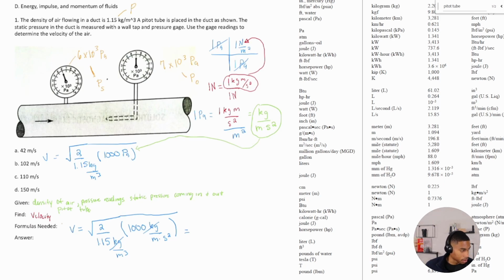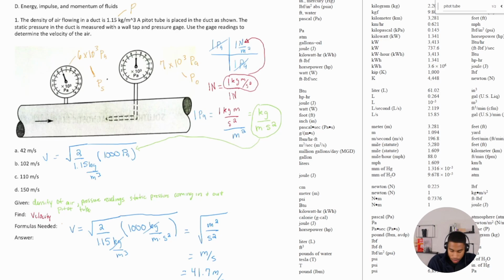So our units are going to be meters squared over second squared. But we're going to take the square root of that, and it's going to give us our meters over seconds. And so the answer is going to be 41.7 meters per second. So units are the main thing here.